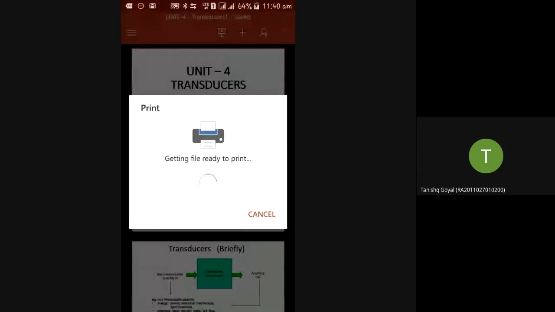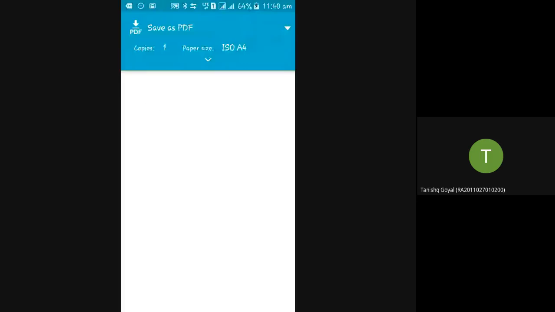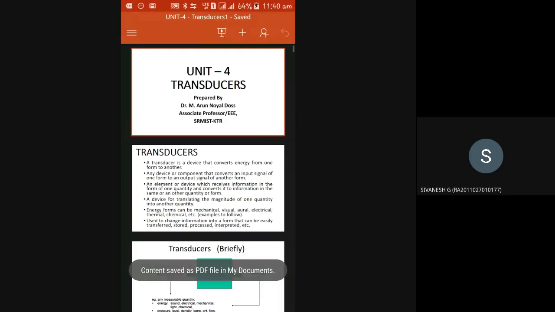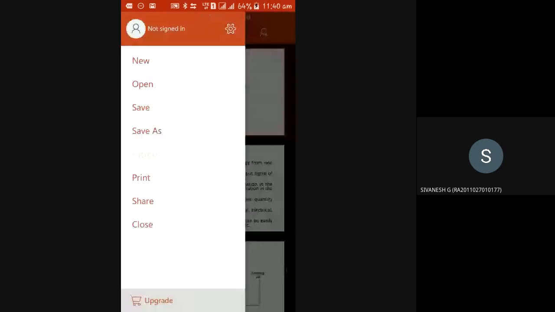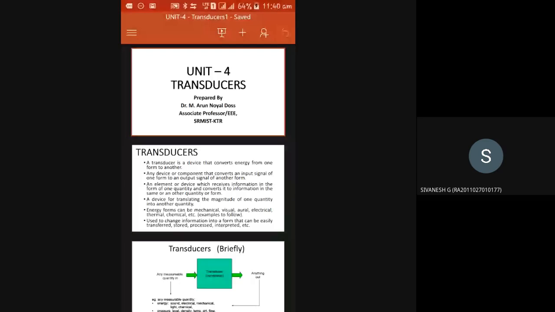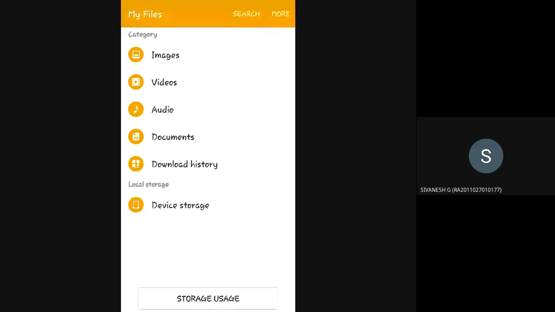One is strain gauge, which converts the input force or strain into resistance. What are the types of strain gauge that we discussed? Bonded and unbonded, depending upon whether the material under study is bonded to that strain gauge with the help of an adhesive or not.